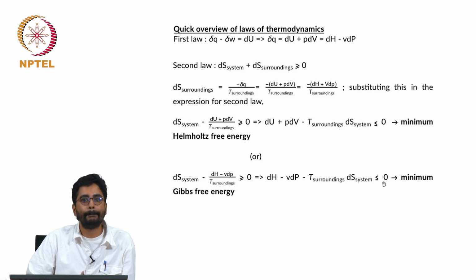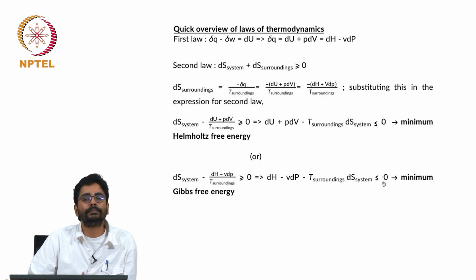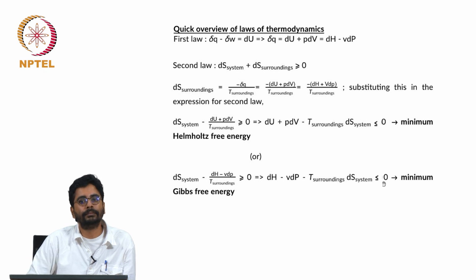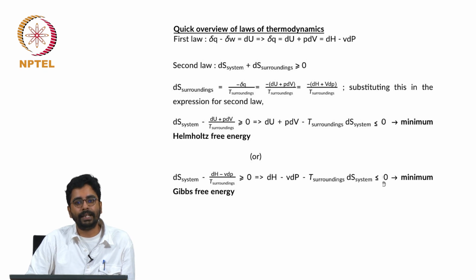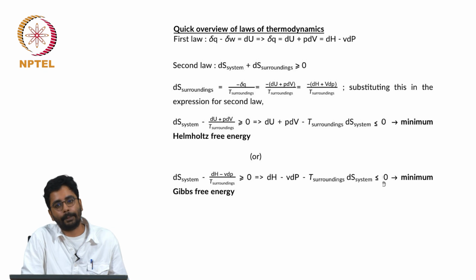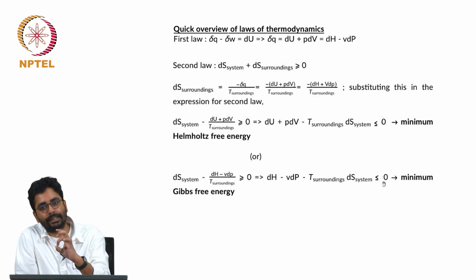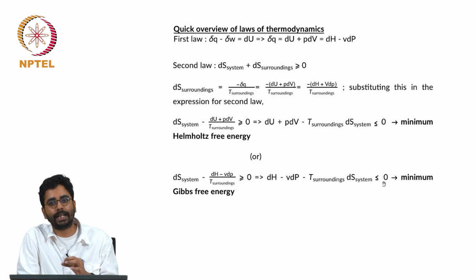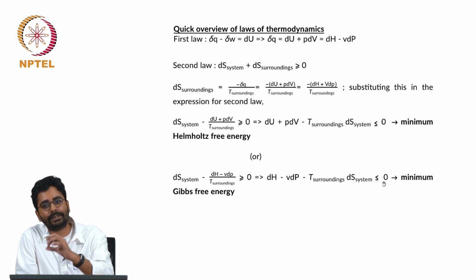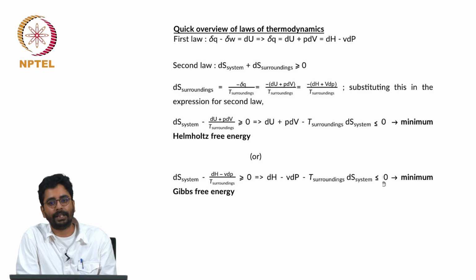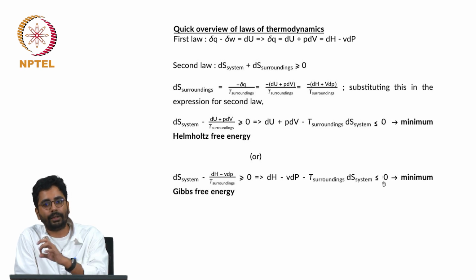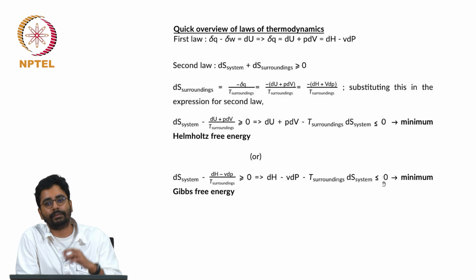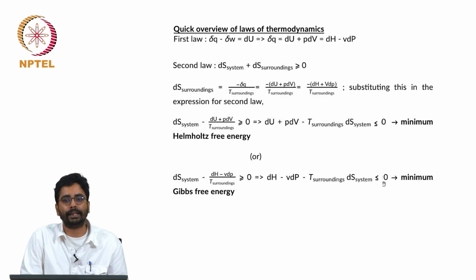So, dS of system, why are we not using the system temperature but the surrounding temperature? You may not always be able to define a system temperature. For example, if you have identified a certain mass as your system, if it undergoes a quasi-static process where it shifts from one equilibrium state to another, where the process is happening slowly, at every point along the process you can identify a temperature, pressure and so on, but that may not always be the case.